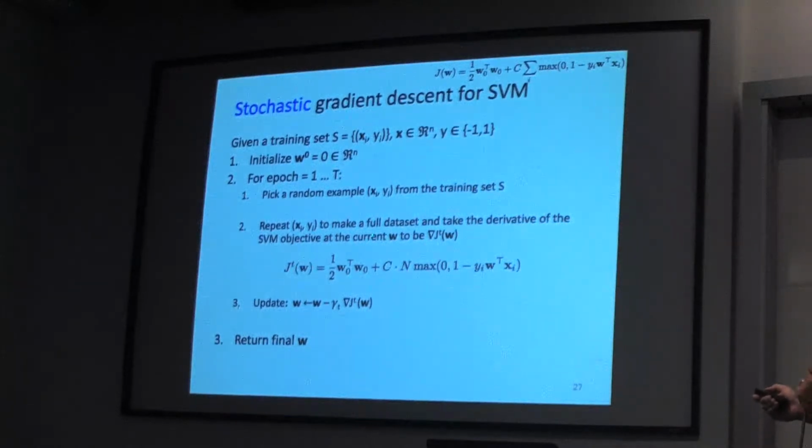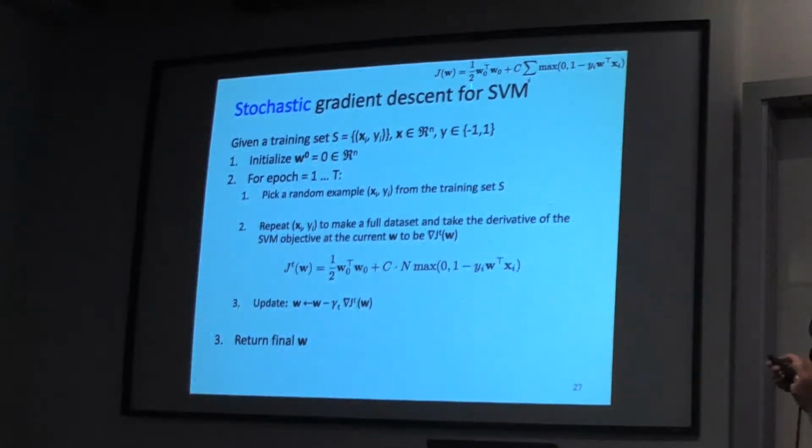And this fake data set must be of the same size as the original training set. The reason is that we want to maintain the same kind of scales for the training loss and the regularization term as in the original objective.